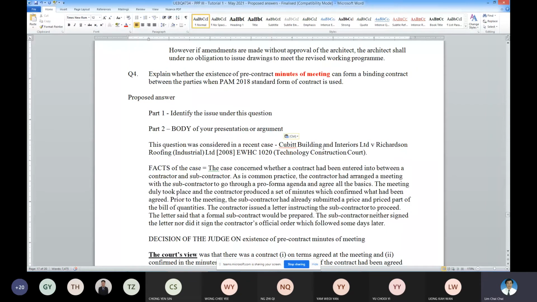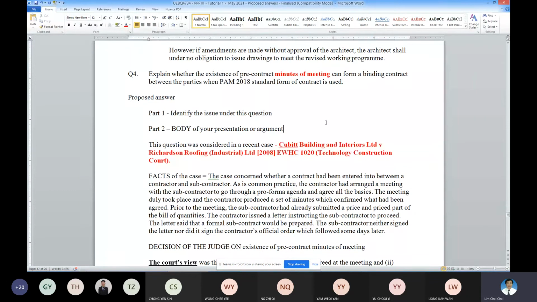Under this one, you go to the case law, because in PAM 2018 there is no clause related to minutes of meeting. So you have no choice; immediately you jump to the case law.